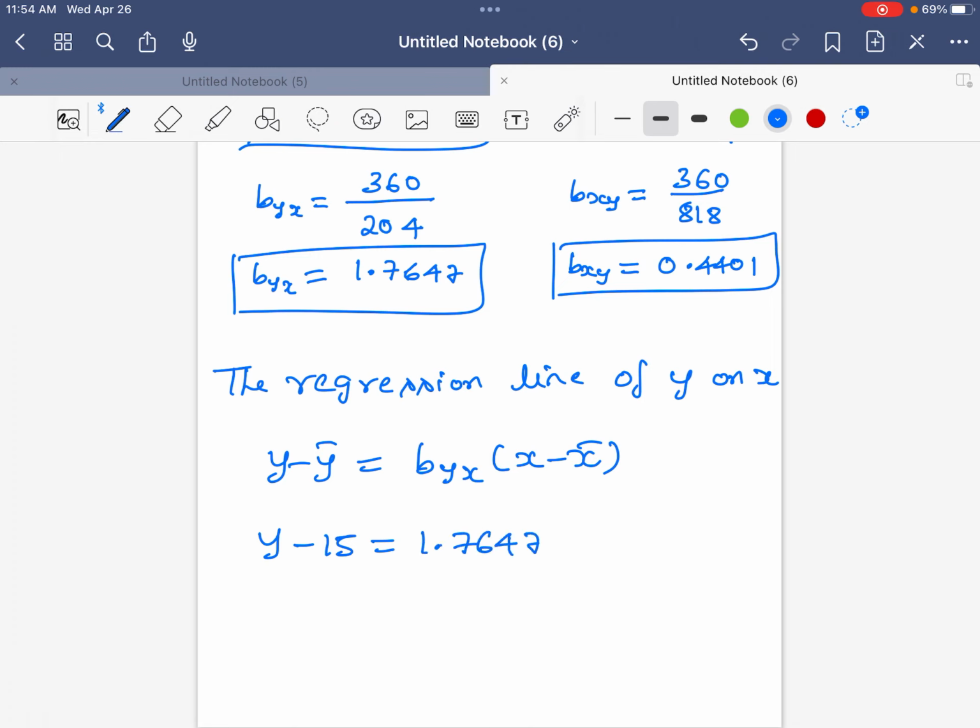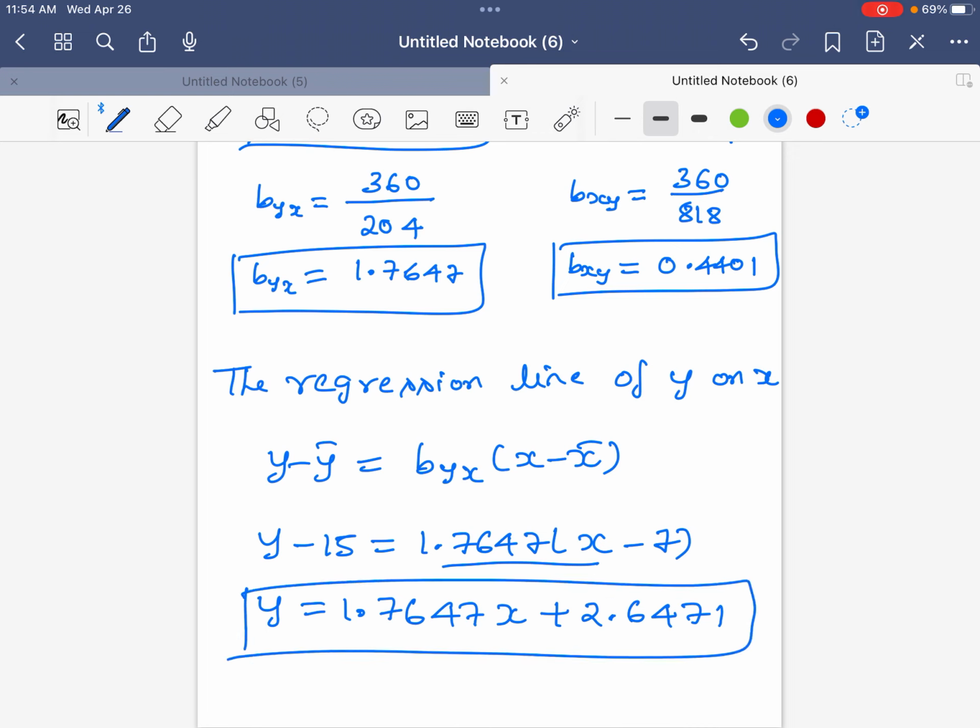Byx is available, it is 1.7647, and x bar is also available, it is 7, which on simplification gives you y equals 1.7647 multiplied by x, and 1.7647 multiplied by minus 7 is subtracted from 15, which on simplification gives 2.6471. This is the regression line of y on x, where this slope is the regression coefficient.